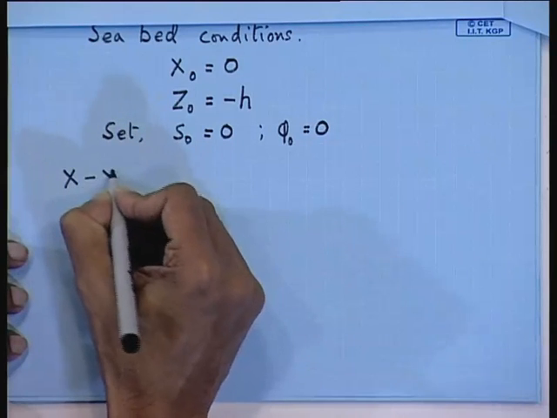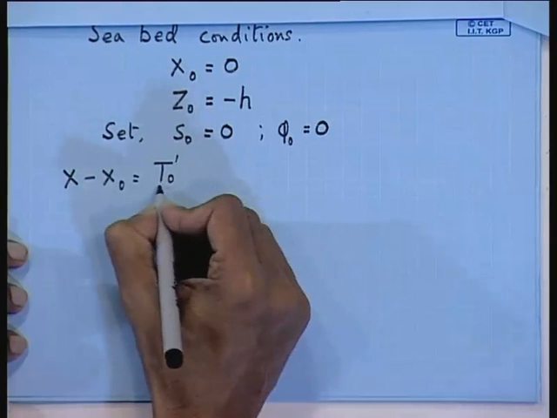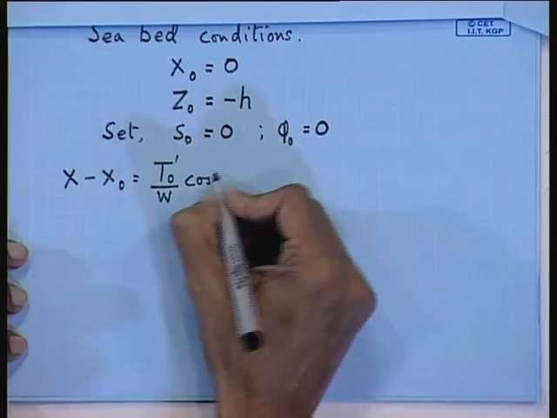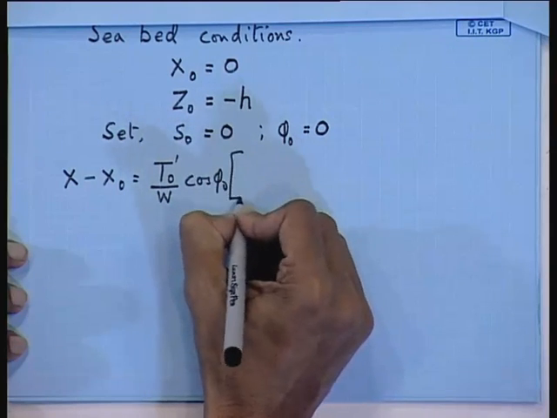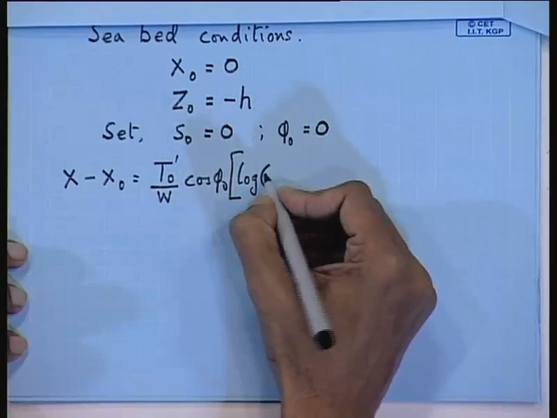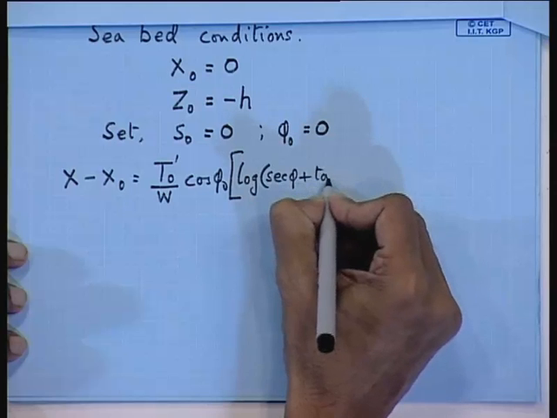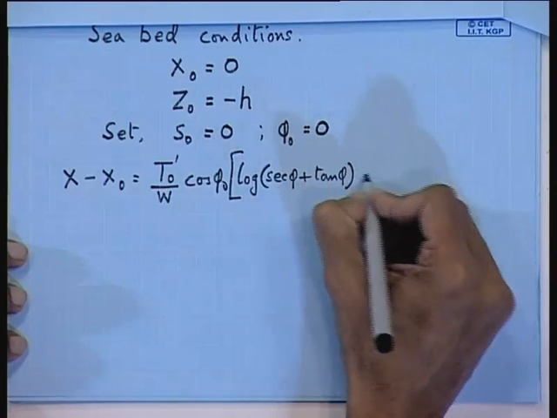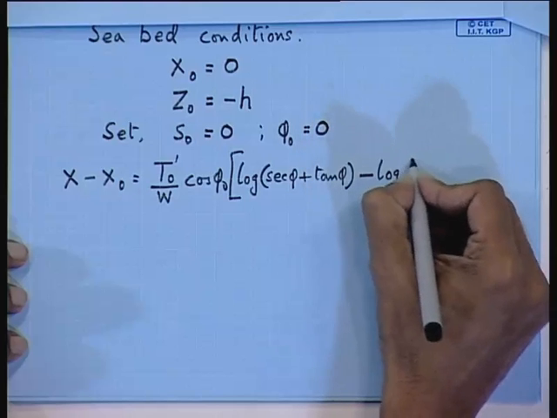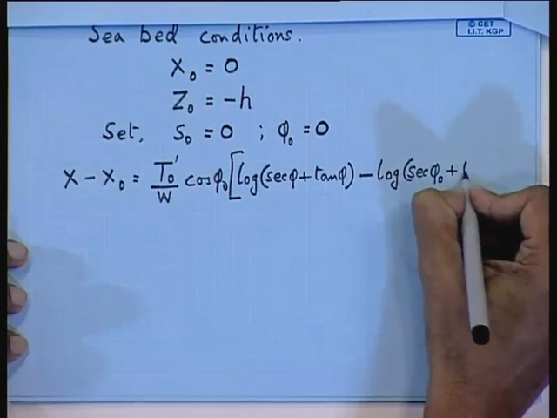So x minus x naught is equal to T prime naught over w, multiplied by log of, this is a little bit long expression, so this is sec phi plus tan phi over sec phi naught plus tan phi naught.